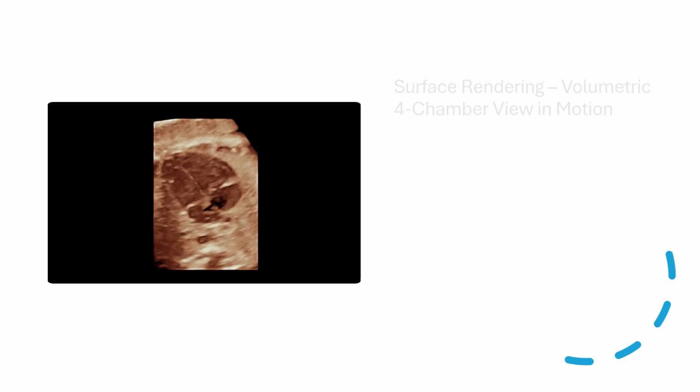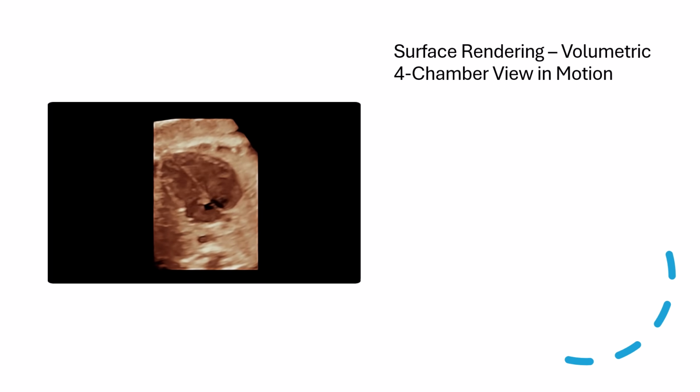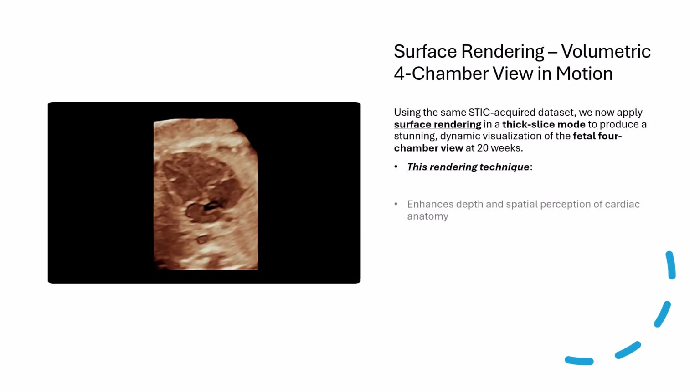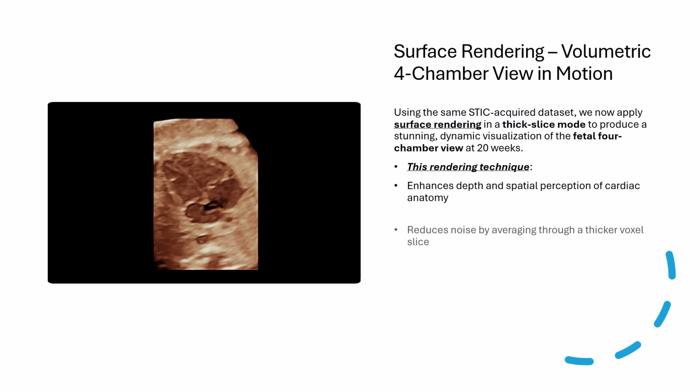In this slide, we take the same STIC acquired dataset one step further by applying surface rendering in thick slice mode. The result is a beautifully enhanced and dynamic full chamber view of the fetal heart at 20 weeks. This rendering method offers several technical and clinical advantages. First, it amplifies depth perception, giving us a more three-dimensional understanding of the cardiac anatomy.